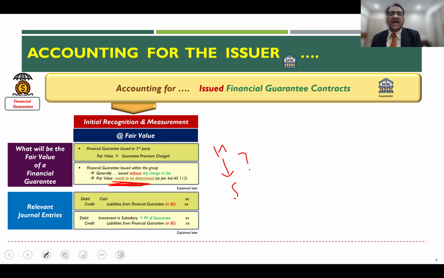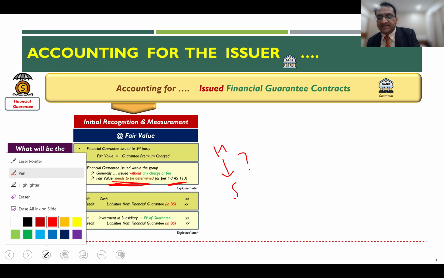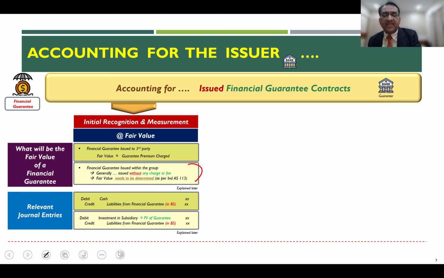That has to be determined in accordance with the fair value standard, which is Ind AS 113, or from an IFRS perspective, IFRS 13. And if nothing has been charged, what will happen? A holding company is not charging anything to the subsidiary, zero.